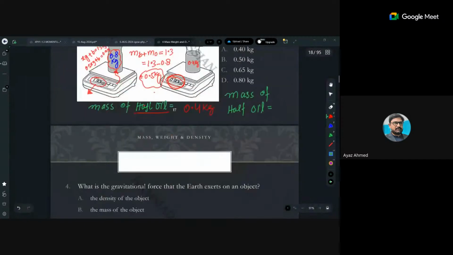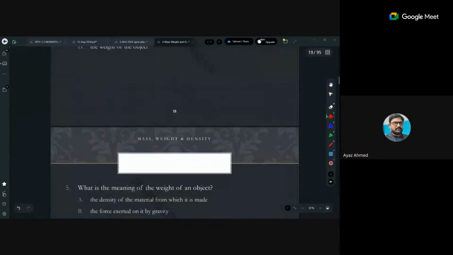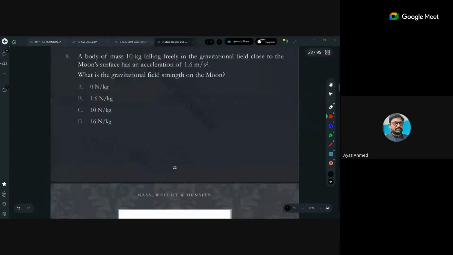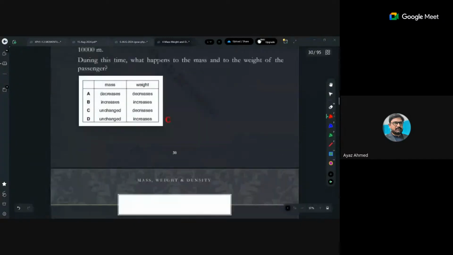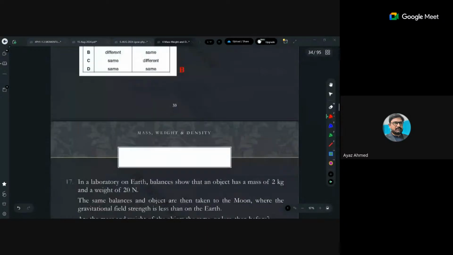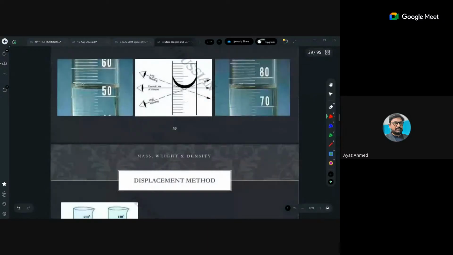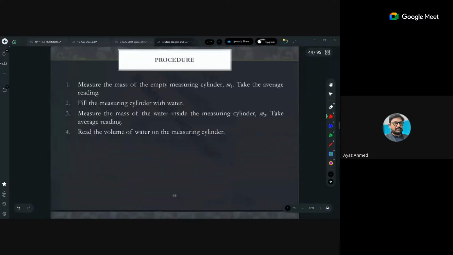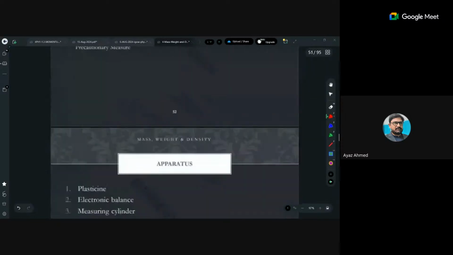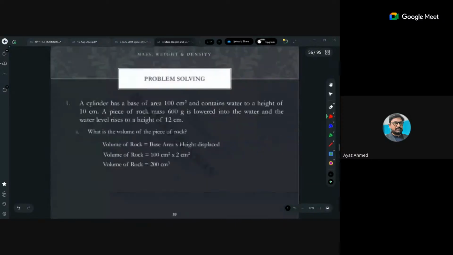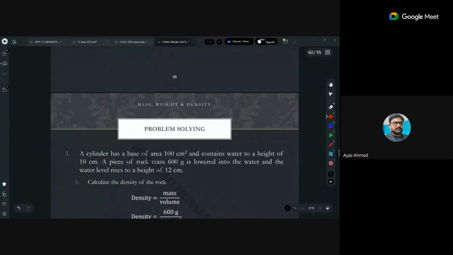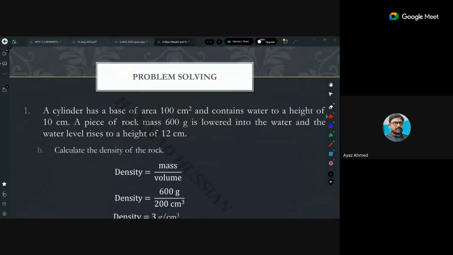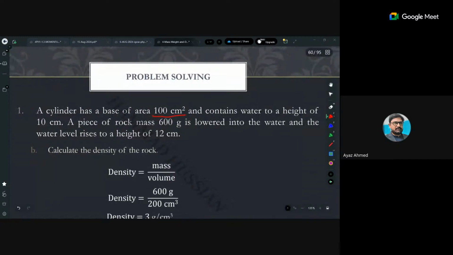ये मुश्किल वाला क्वेश्चन ऐसे ही मेरे सामने आ गया, वरना मैं ये अभी आप लोगों को देना नहीं था, थोड़ा बाद में देना था। मैं डेंसिटी का क्वेश्चन ढूंढ रहा था, जिसके ऊपर मुझे तुम लोगों के साथ डिस्कशन करनी है कि बेसिकली डेंसिटी के यूनिट्स हम कन्वर्ट ना भी करें तब भी कोई फर्क नहीं पड़ता। ओके, आई थिंक ये प्रेजेंटेशंस वाला काम हर बंदे ने अपने हिसाब से सेट किया होता है। यहाँ पे आपका प्रॉब्लम सॉल्विंग डेंसिटी का स्टार्ट हुआ है। सिलेंडर बेस एरिया 100 स्क्वायर सेंटीमीटर, it contains water of height 10 centimeter.